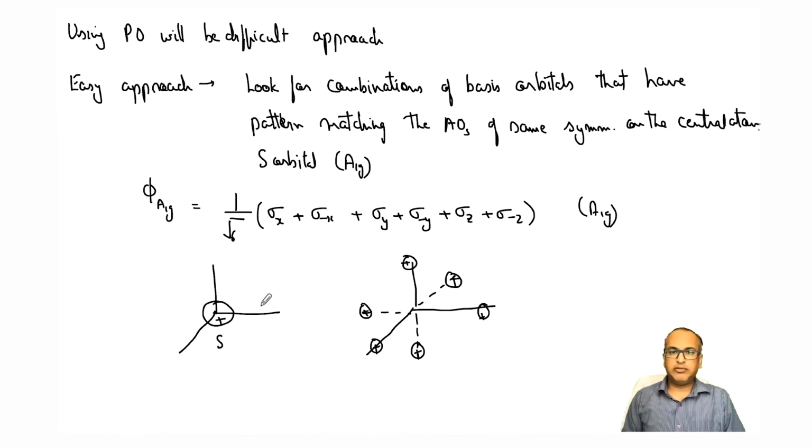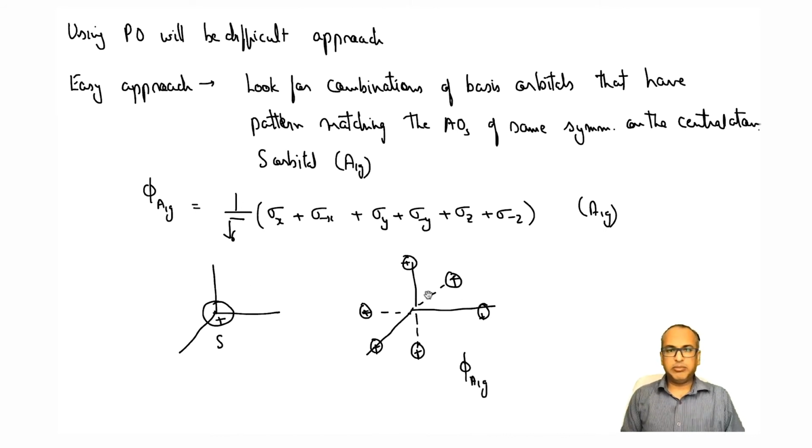So all positives will match to give you the molecular orbital. So S of the metal atom will combine with phi A1G of the SALC of the B atoms, right? So this can be labeled as phi A1G.